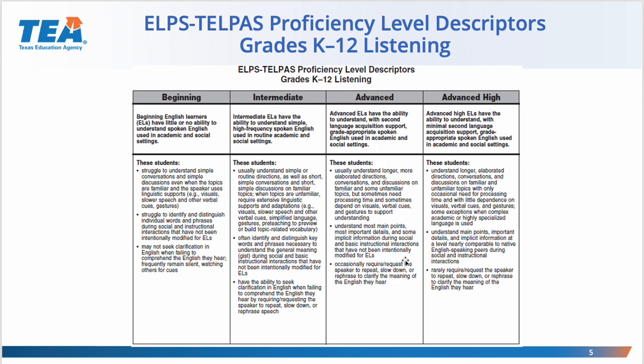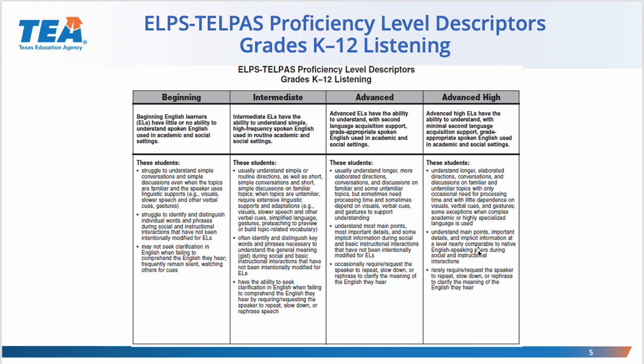Now, moving over to the advanced high, the main thing here is comparable to their native English speaking peers, right? Right there on that second bullet point, a level nearly comparable to native English speaking peers. That is the point where the students are kind of presenting themselves as native English speakers.